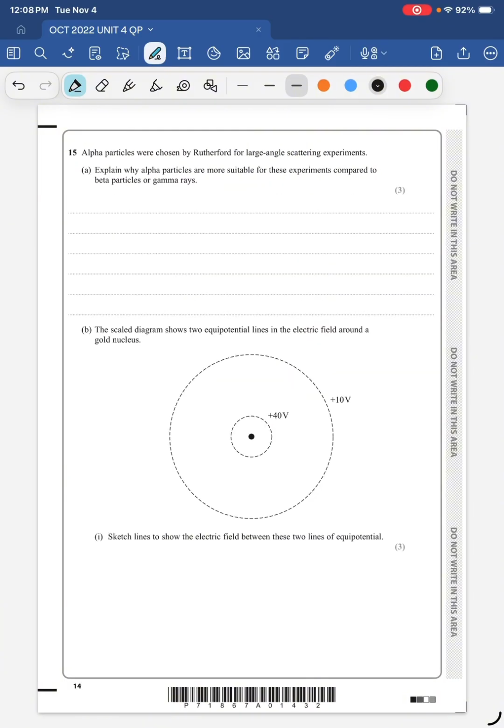Question 15. Alpha particles were chosen by Rutherford for large angle scattering experiments. Explain why alpha particles are more suitable for these experiments compared to beta particles or gamma rays.